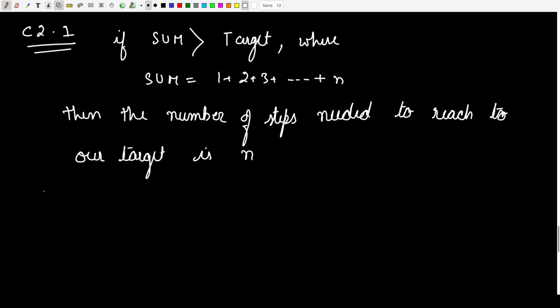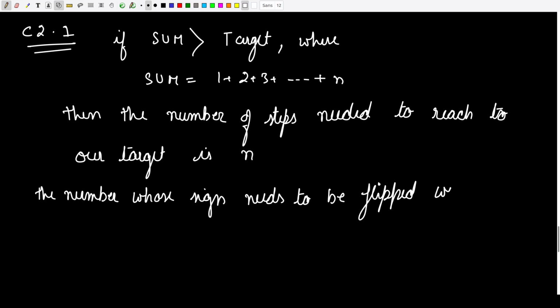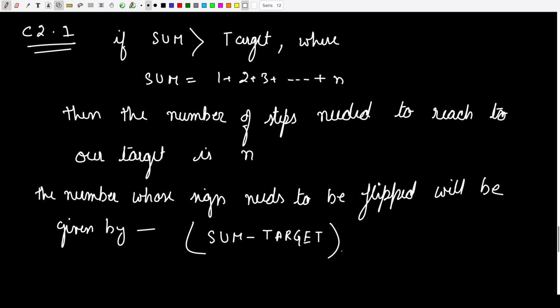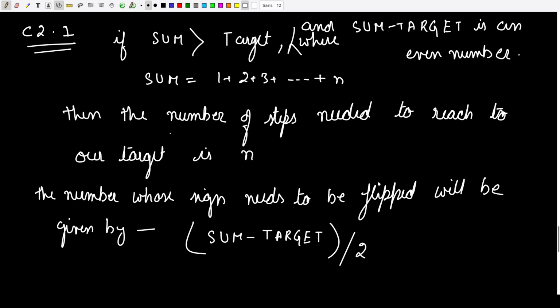And the number whose sign needs to be flipped will be given by (sum minus target) divided by 2, right? And please note over here that sum minus target is an even number. Let me write it down over here. Please note this is for the case where the difference between sum and target is an even number. Then only this logic holds.